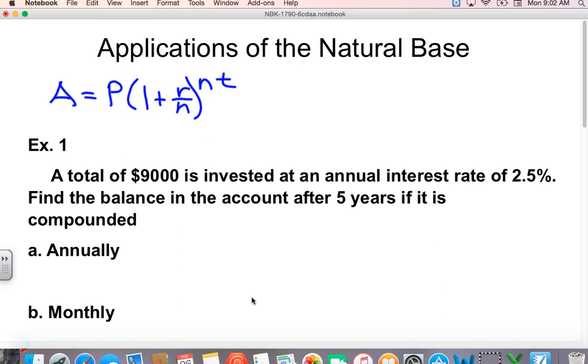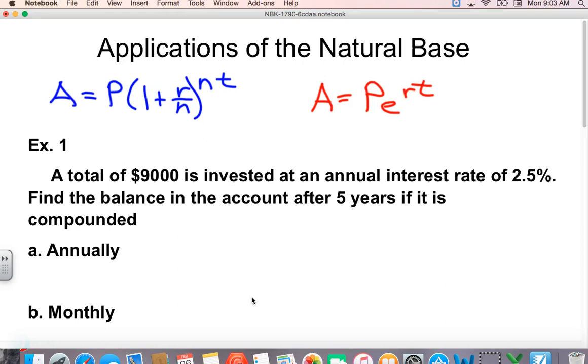So that's one formula. Another one that you'll see is this right here, called the PERT formula. This one uses e. It's your principal times e raised to the interest rate times the time. The difference in these two is you use the blue formula anytime the interest is compounded anything but continuously.